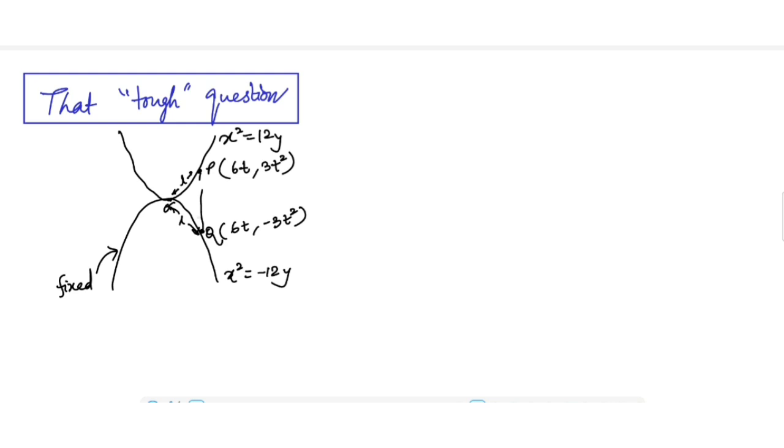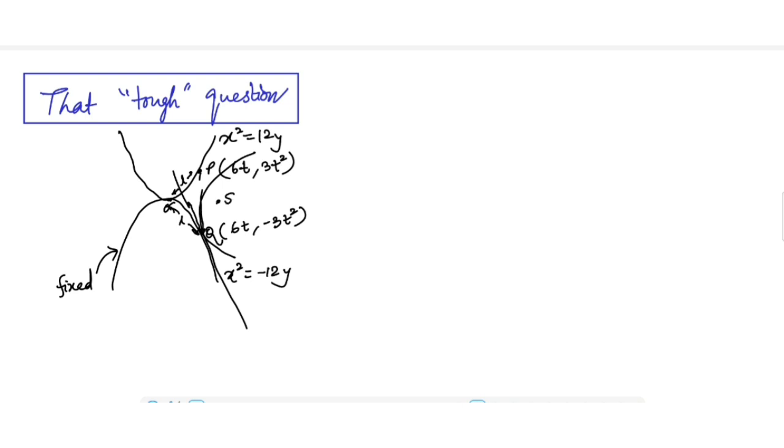Right. And the tangent is drawn to the fixed parabola at the point Q. At this point of tangency, the moving parabola must be tangent at this point Q. So if it is tangent at this point Q, where exactly will be the focus of this parabola?